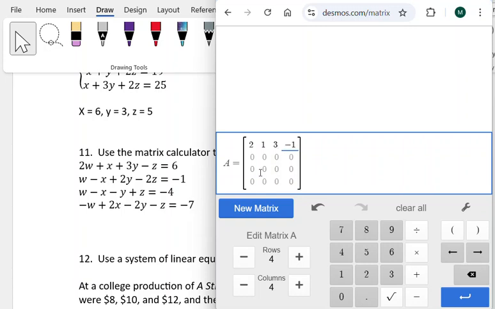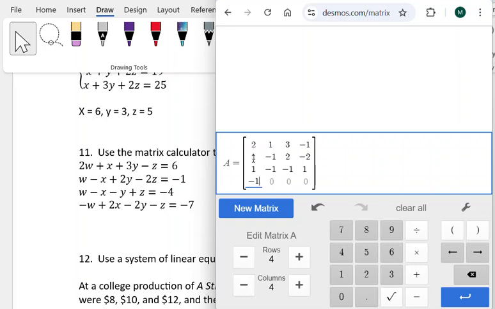This time I do have negative signs, so I want to make sure that I am including those if they are there. So like minus X would be a minus 1. Oops, negative 2. And third row we have 1, negative 1, negative 1, and 1.